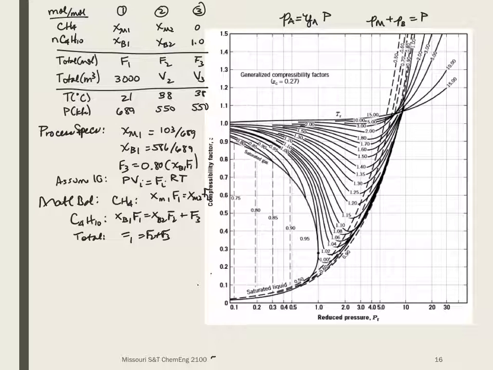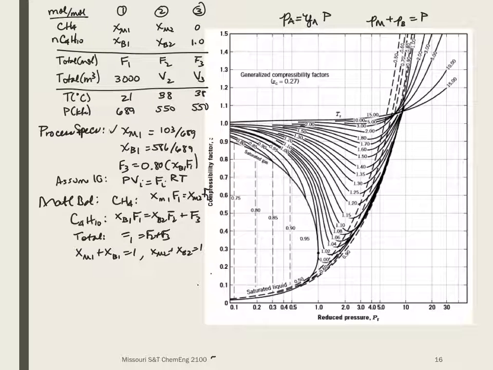And I've got my sum of X equations. So XM1 plus XB1 equals 1. XM2 plus XB2 equals 1. So I now have all my equations. I have quite a few unknowns, but this isn't really too hard to solve. So I can solve for XM1 and XB1.